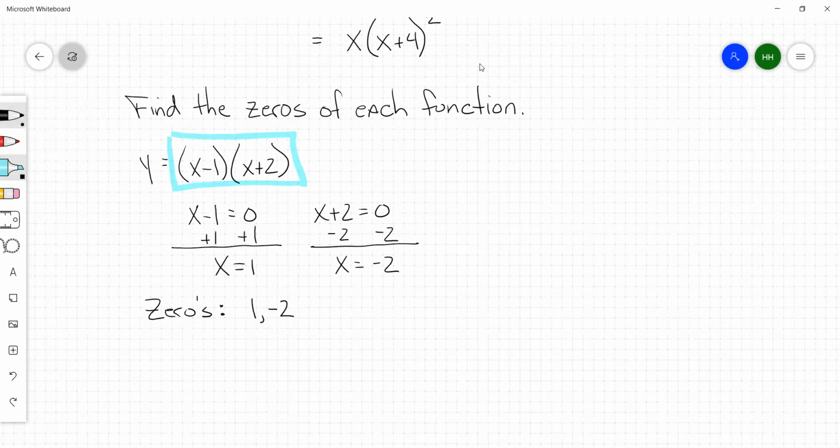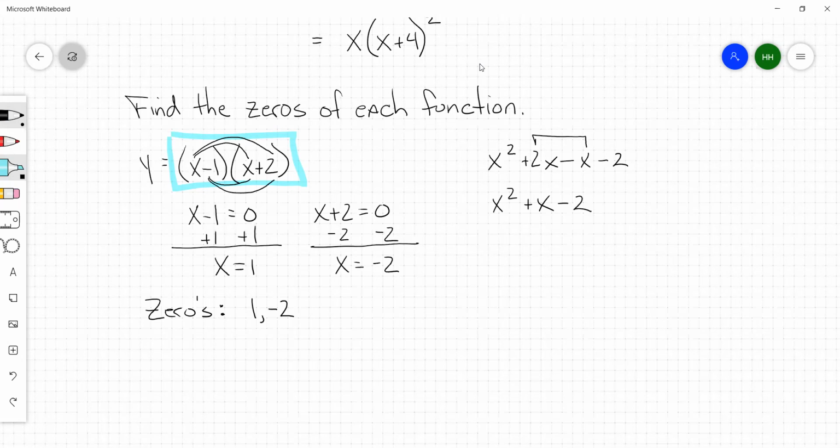If you take x minus 1 times x plus 2, your x times your x is x squared. Your x times your 2 is positive 2x. Your negative 1 times x is negative x. And your negative 1 times 2 is negative 2. And when you combine these like terms, you get x squared plus x minus 2.